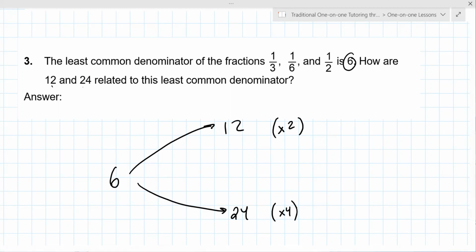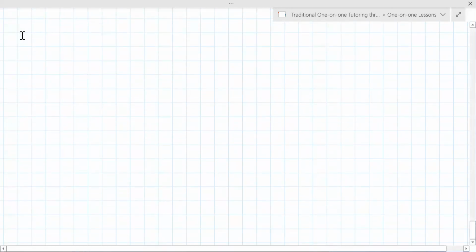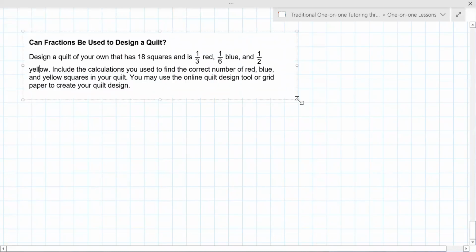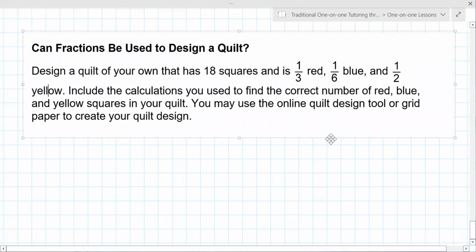All right. So now we have to do the last question here. It says, can fractions be used to design a quilt?